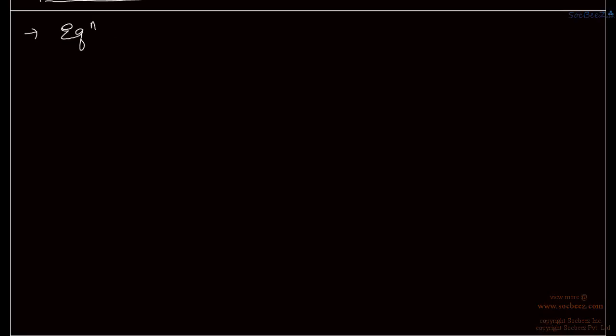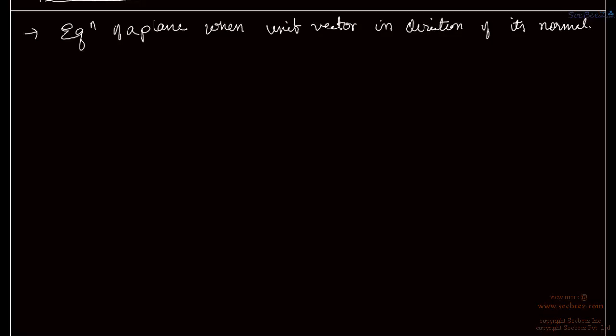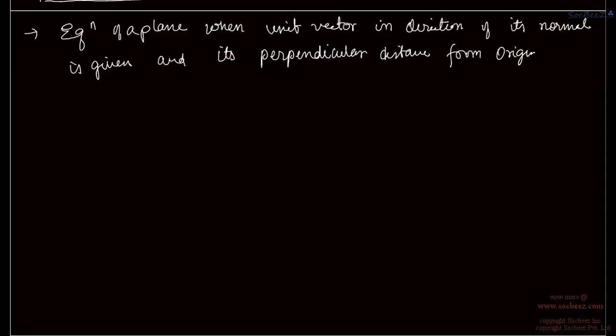So let us find one more equation of a plane when unit vector in direction of its normal is given and its perpendicular distance from origin is given.